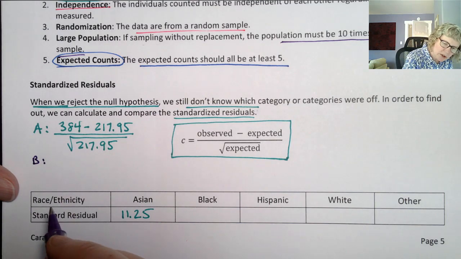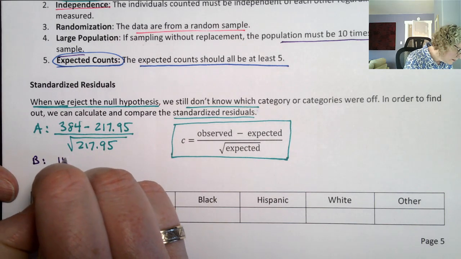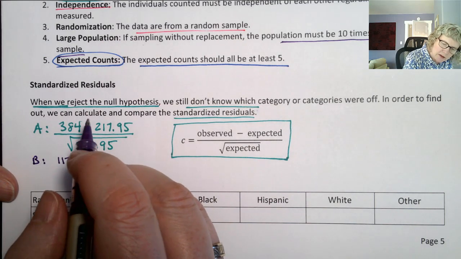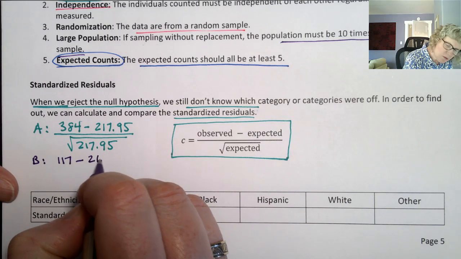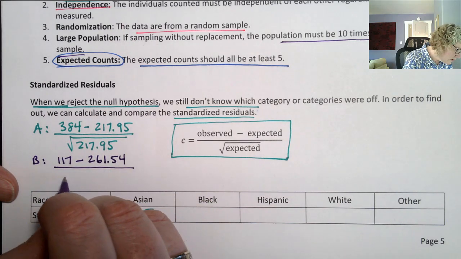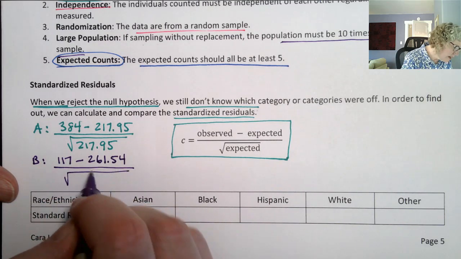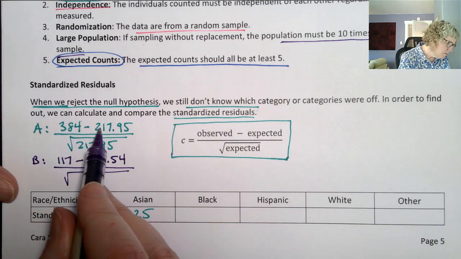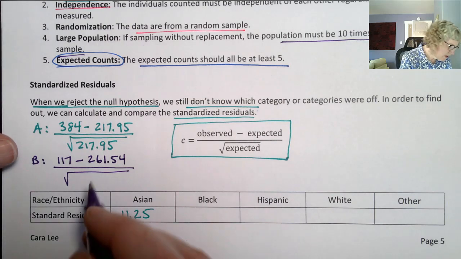So for black, we should have 117 minus 261.54 divided by the square root of 261.54. Now, of course, you can kind of eyeball the differences, right? But when they're all different numbers, it is just kind of hard to tell.